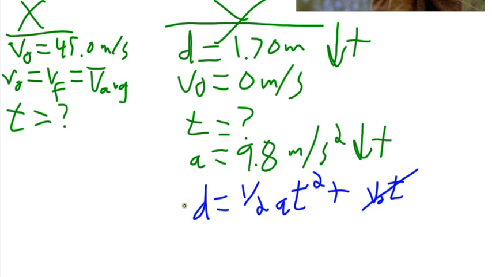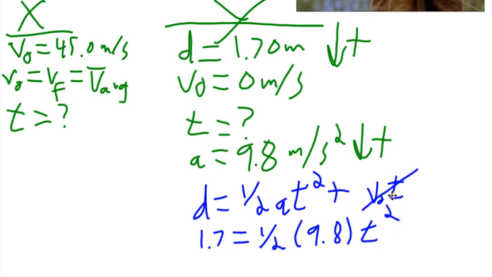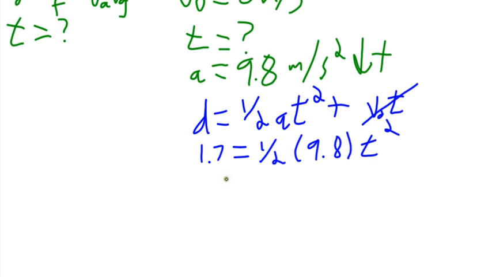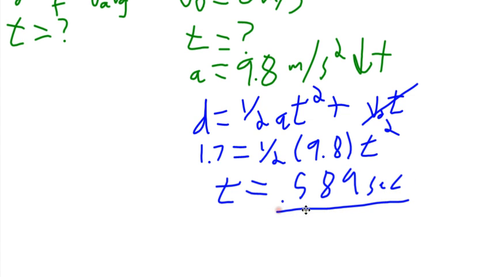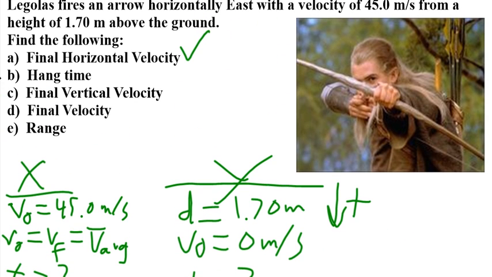So now we can plug in our values, and we know we have 1.7 is equal to 1/2 times 9.8 times time squared. And when you work this out, you should get your time is equal to 0.589 seconds. And that's what we get for our time. So that is going to be our hang time.